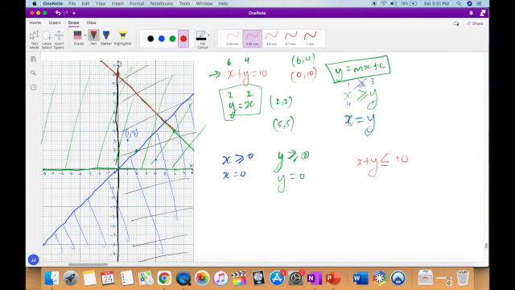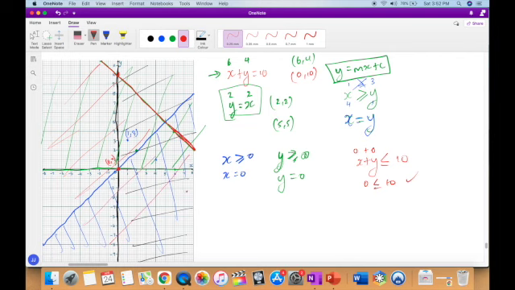This is the first line we drew. Let's see if it's on this side of the line or on this side of the line. Let's choose the origin, 0, 0. I'll plug that in: 0 plus 0 is 0, which is less than or equal to 10. Well, it's less than 10. So yes, this region is true, as is this underneath region here.